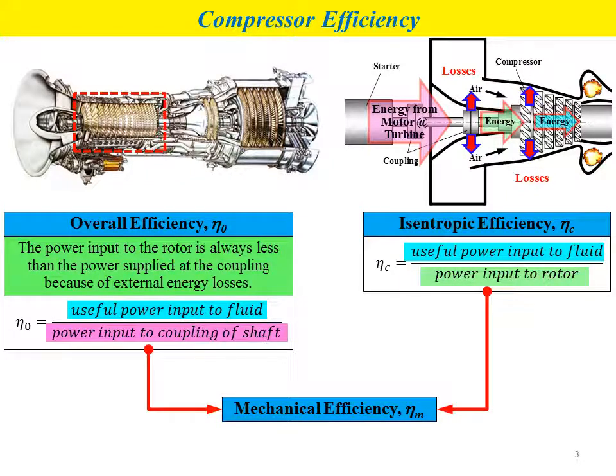If you combine both formulas, the overall efficiency and the isentropic efficiency, we get the mechanical efficiency mu m for the compressor, where mu m equals mu naught divided by mu c.